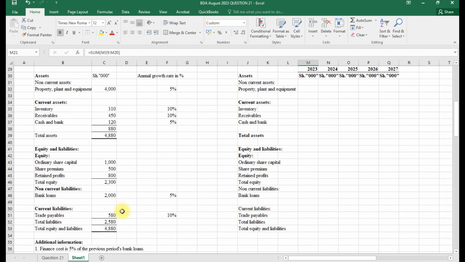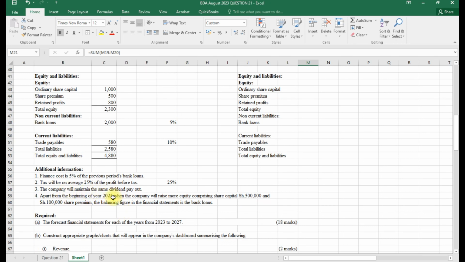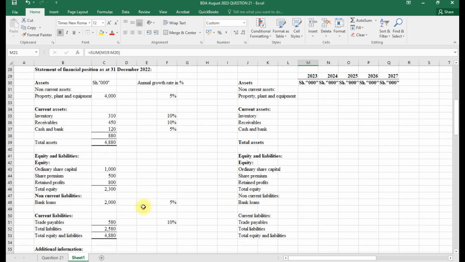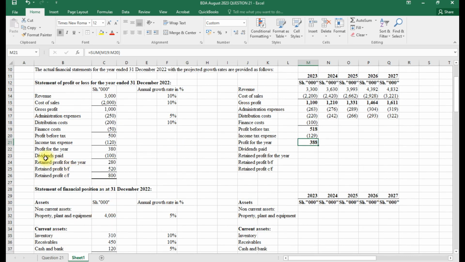Dividend, we are told that the company will maintain the same dividend payout, so you can find the ratio, the dividend paid here, this will be this, it's normally on the profit for the year over this, to get the percentage. So they were paying approximately 26%.